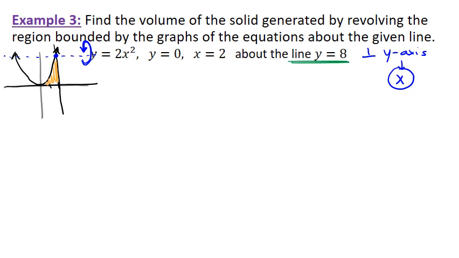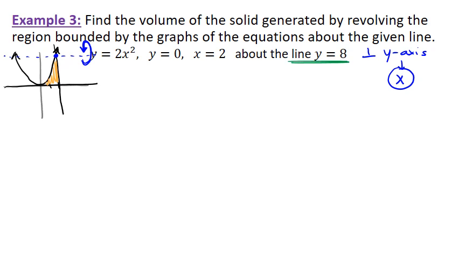Okay, so this is parallel to the x-axis, which means it takes the same idea as if we were revolving about the x-axis. And if we revolve about the x-axis, everything is in terms of x. Okay, so looking at this, we have this region here.